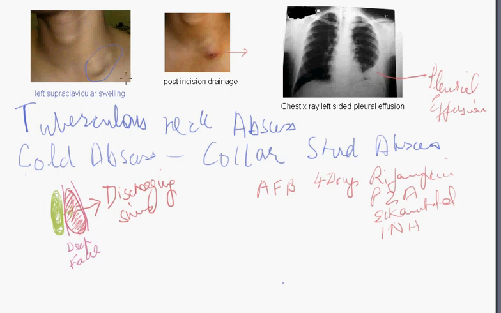Most of this TB lymphadenitis in the neck, once you start treatment with the 4 drug regimen, they heal up very rapidly. They do not require any excisional surgery.